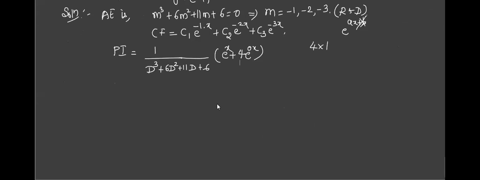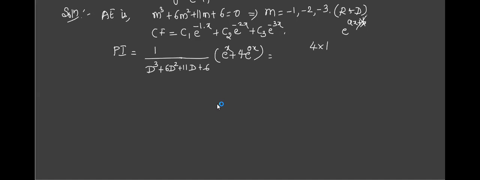Now, what is the coefficient of x for the first term? 1. Is it the same for the second term? No, it is 0. So I have to replace d by 1 and also by 0. Can we do it at once?